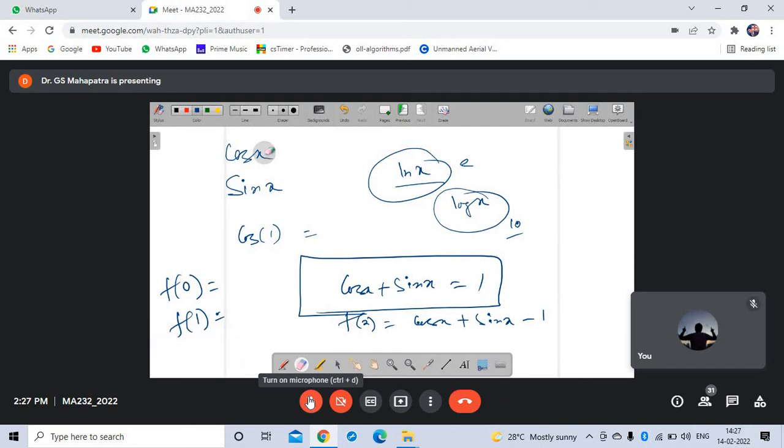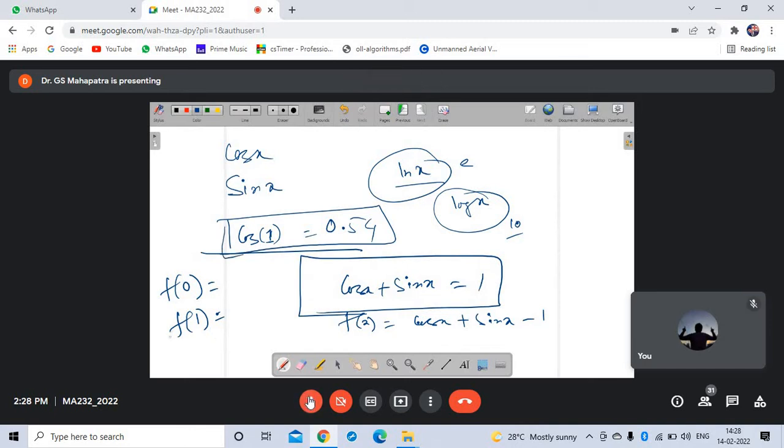Come here and you can answer like that. F of 1, if it is radian, what is the cos of 1? 0.54 if it is radian.